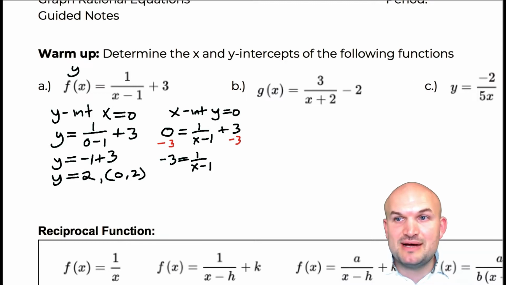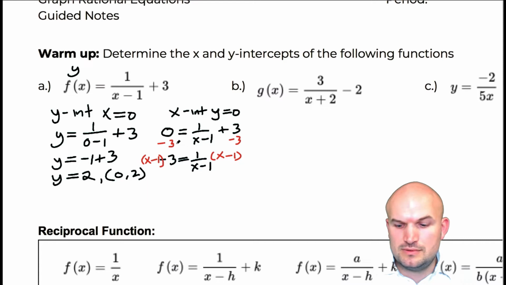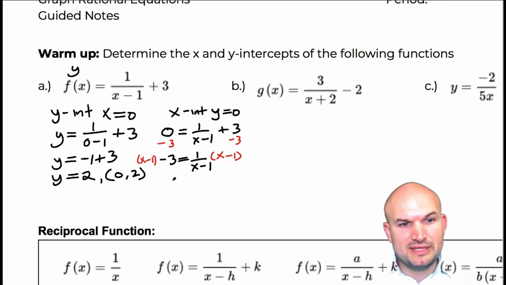Now to get the x minus 1 off the denominator, I'm going to multiply by x minus 1 on both sides. Then I'm going to distribute, so there'll be negative 3x plus 3 is equal to 1.